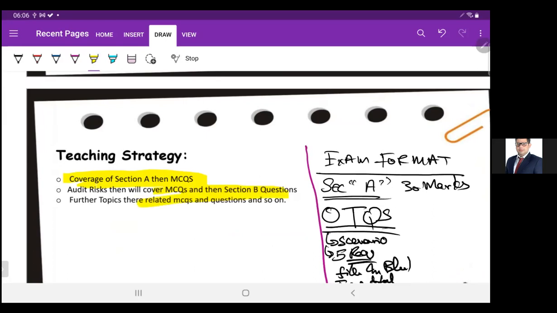Then we will move on to further topics like audit evidence, substantive procedures, test of controls, audit reporting, and so on. After doing a few topics, we will do their MCQs and questions, and then move to the other topics, and so on. That's how we will cover it.